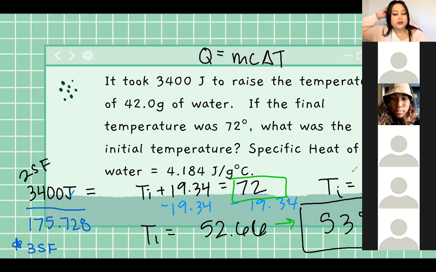Any questions on this one? So this one I understand we don't have a decimal because we have the number 72, but then the other number that we had is like 3 sig figs. So do we override that with the decimal rule? Which number are you talking about for 3 sig figs?